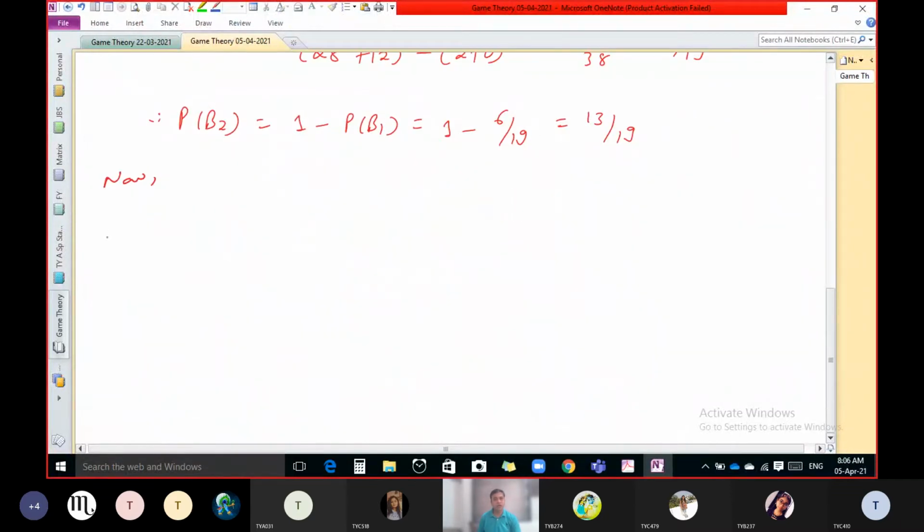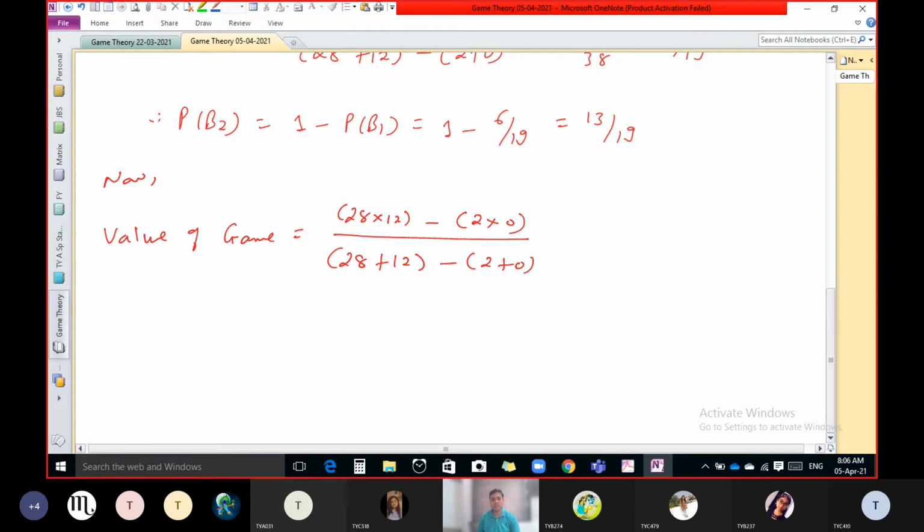So now value of game. Still the denominator remains as it is, 28 plus 12 minus 2 plus 0. But in the numerator you have to multiply 28 into 12 minus 2 into 0. So do the calculation.